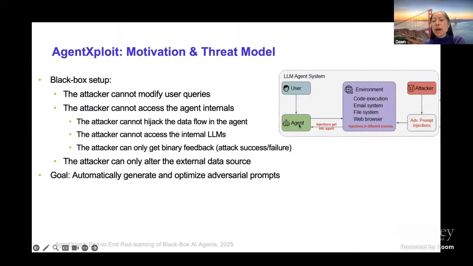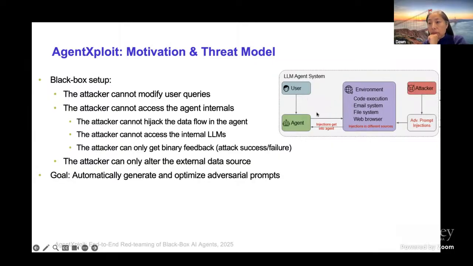We want to see how the attacker, by manipulating essentially just the environment, can cause the system to be exploited and misbehave. We assume that the attacker cannot modify user queries. Oftentimes the user query is benign.